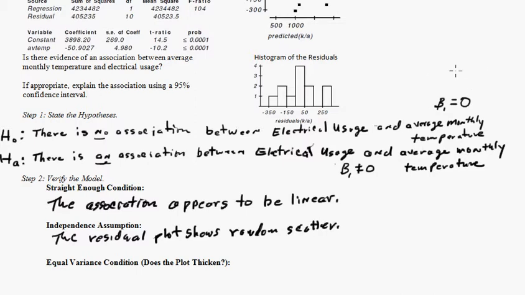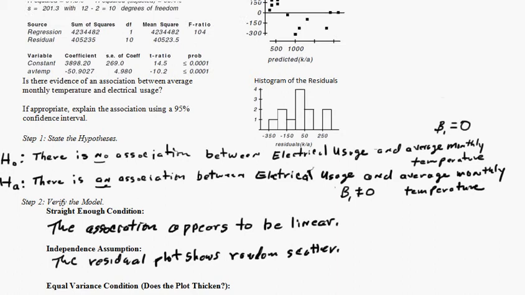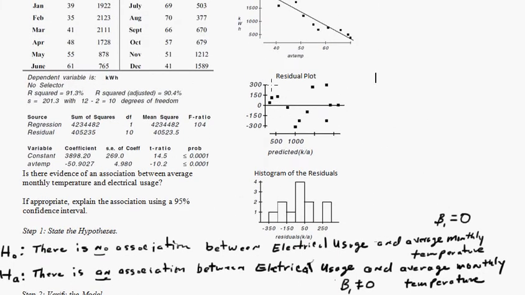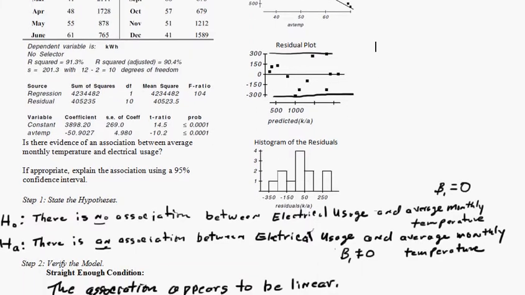Okay, now the equal variance condition. What we'd like to say is that the variance is about the same. It doesn't look too bad. These two points are sort of the same distance as this point here. It would be nice to have a couple more points, but given that we have such a small sample size, it looks okay.